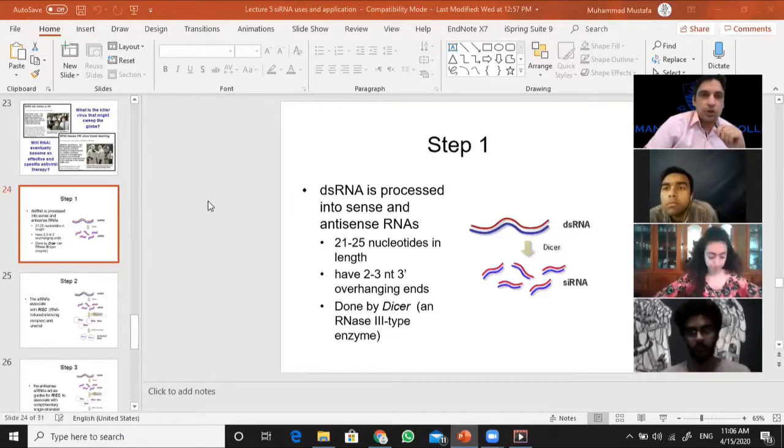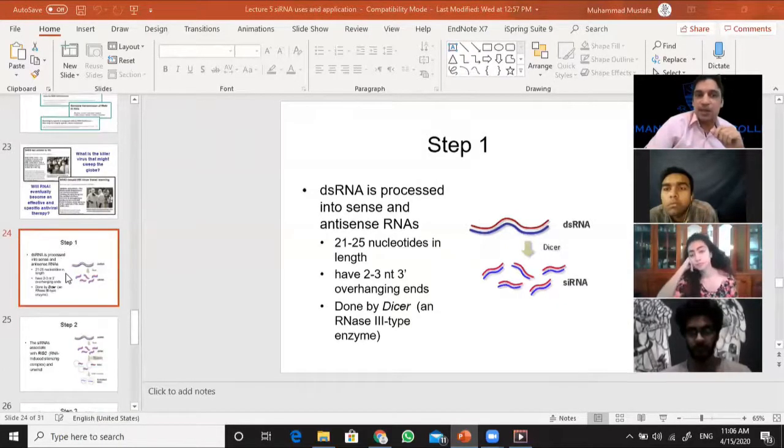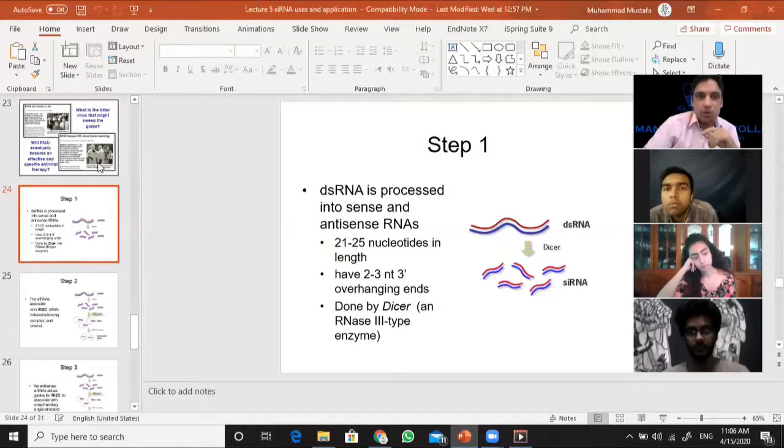I also wanted to share some other slides, but I will explain the mechanism first, and then go back to the earlier slides to explain something. This one later slide I want to show you.